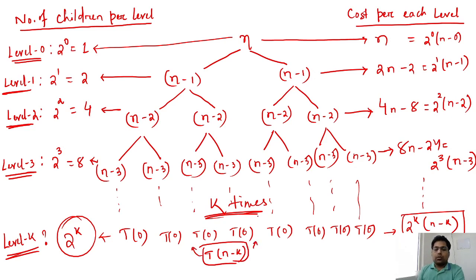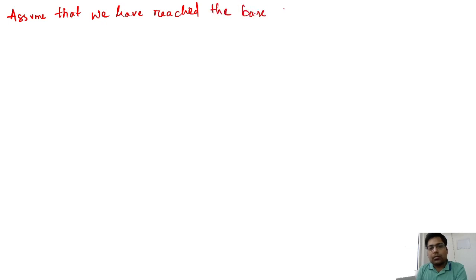Clear? So then what we have to do, because n minus k, why are we writing it? Because at level 1 we are writing n minus 1, at level 2 we are writing n minus 2, at level 3 we are writing n minus 3. For that reason at level k it could be n minus k. So we are assuming that we have reached the base condition.